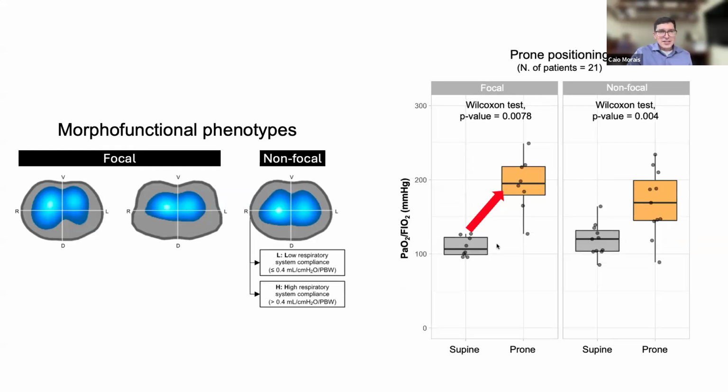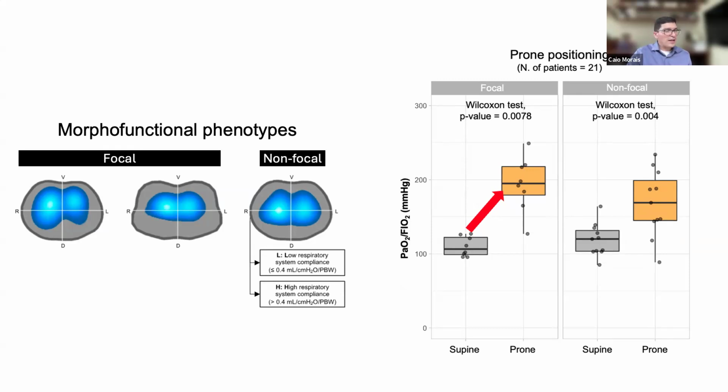And most interestingly, when we look at the PF ratio, that, by the way, is the current variable that we use at the bedside, right? We can see that in both cases, we improve oxygenation.